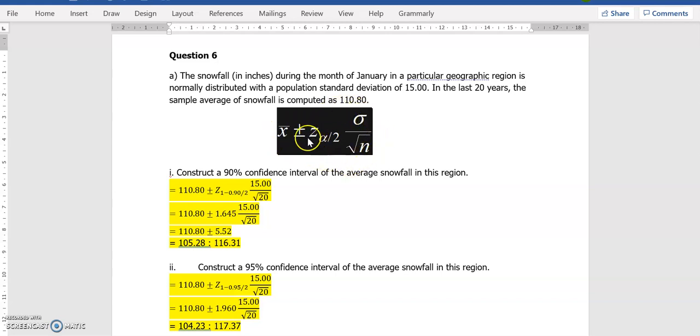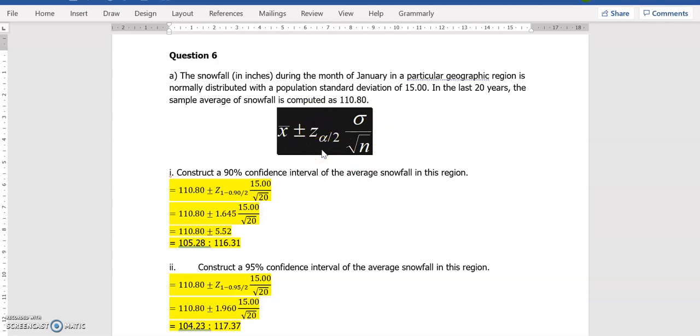Another important component, the second component in our interval estimate formula, is the margin of error. And in the margin of error, we have 2 subcomponents.